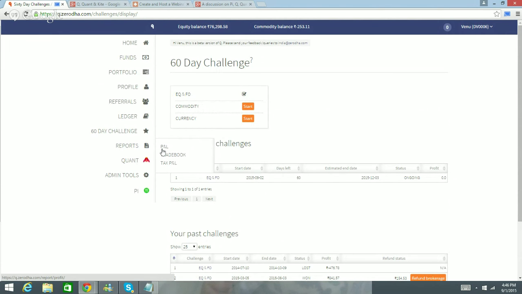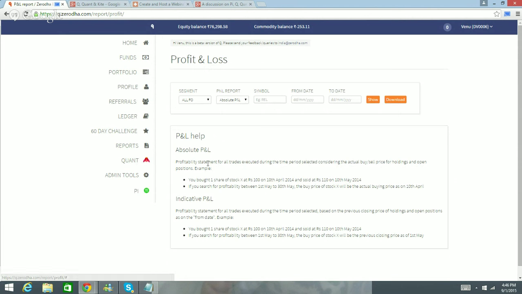So let me go back to the P&L. As you can see, you have three P&Ls: absolute, indicative, and challenge. A challenge P&L is basically an indicative P&L between the first day of the challenge and the last day of the challenge, because in the challenge period we will only consider profit based on the starting day.